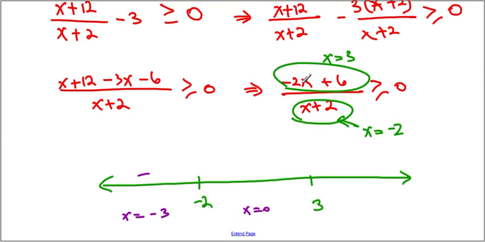That means the numerator becomes positive, so is the denominator. So that is positive, and that's exactly what we want. And then the third section, let's call x equals maybe 4. Then the numerator becomes negative while the denominator is positive, which makes the whole thing negative. And that's not what we want because we're looking for something greater than 0. So therefore our answer becomes the middle section right over here.